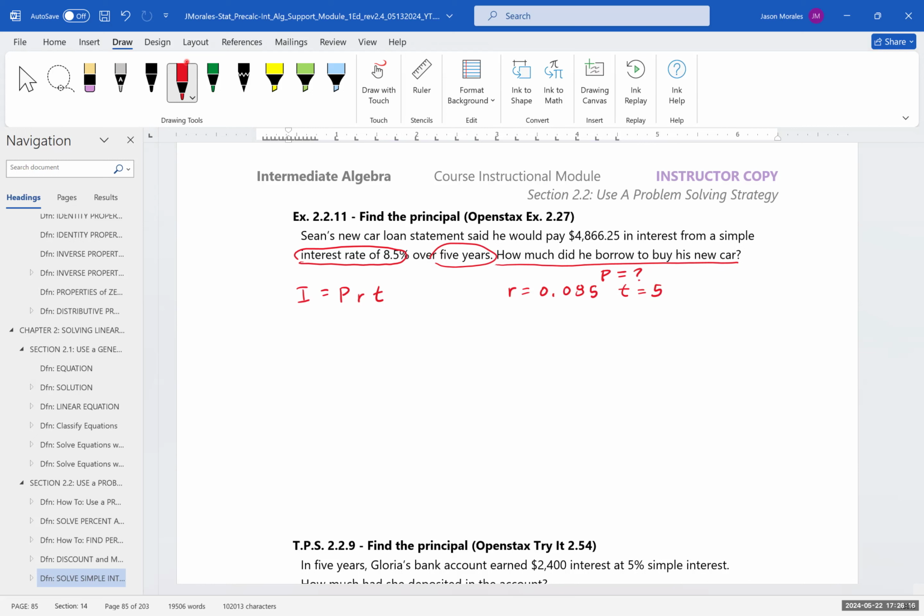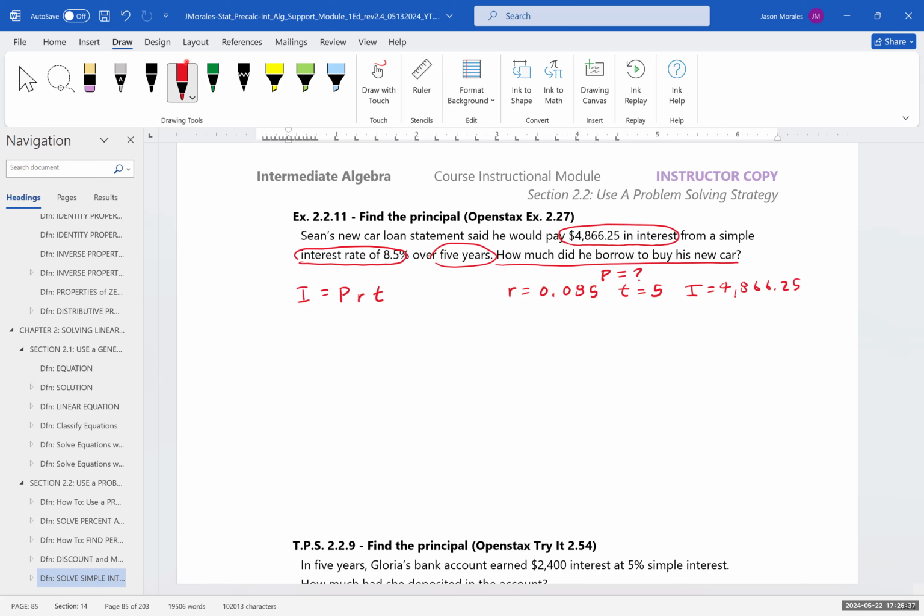And it says Sean's new car loan said he would pay $4,866.25 in interest, so I is equal to 4866.25. What we want to know is P.